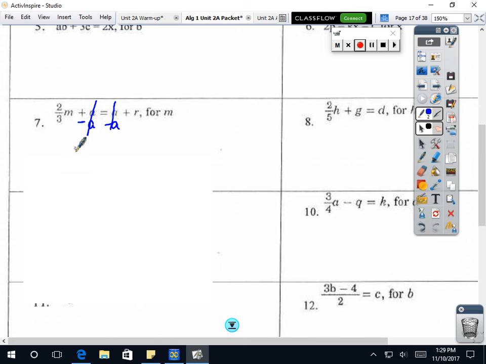Those cancel out as well, so you're left with 2/3 m equals r. Now what do we do? Correct. Multiply by what? Right, the reciprocal. Instead of dividing by 2/3 on both sides, we're going to keep change flip and multiply by the reciprocal, 3/2. Those cancel, leaving m by itself, and then we would write that as 3/2 r.